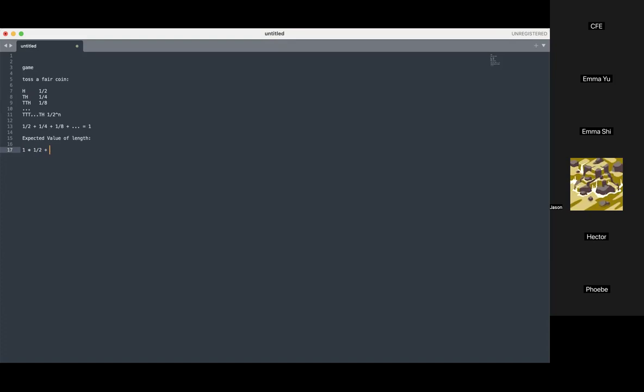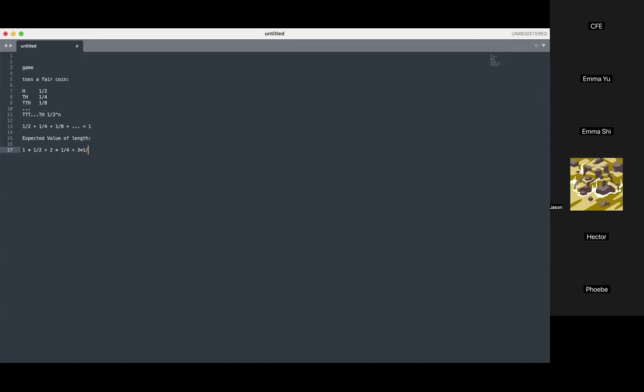What is the value for TH and what is the probability for TH? 2 times 1/4. Correct. Can you guess the third term? 3 times what? 1 divided by 8.